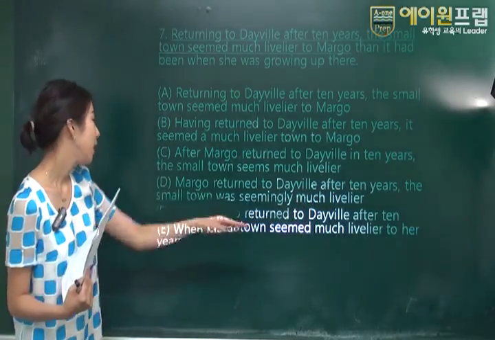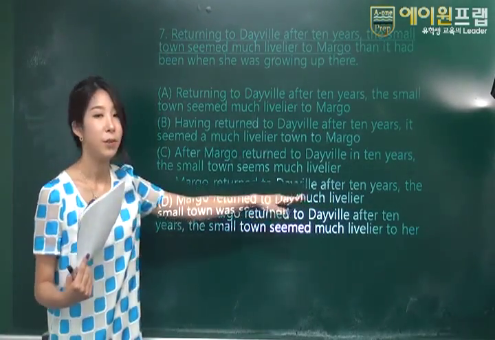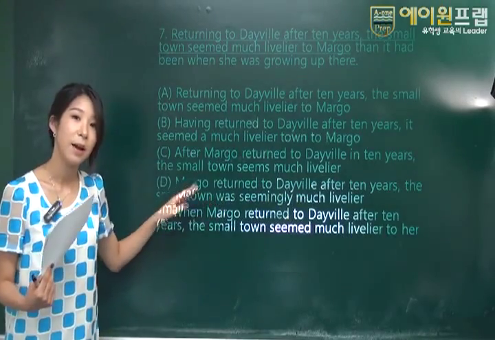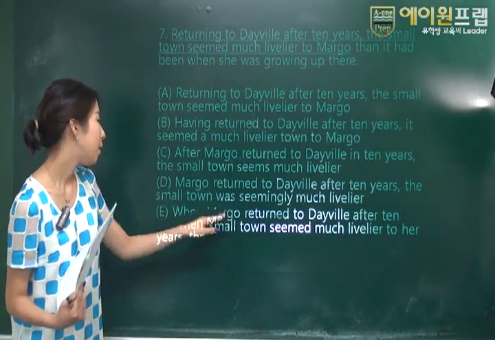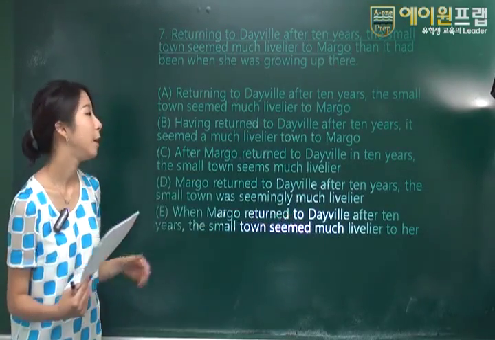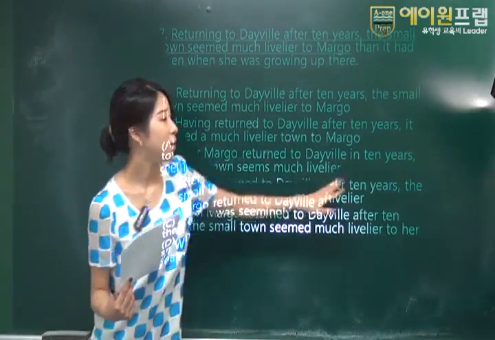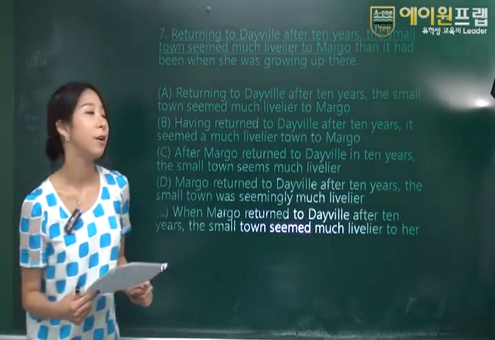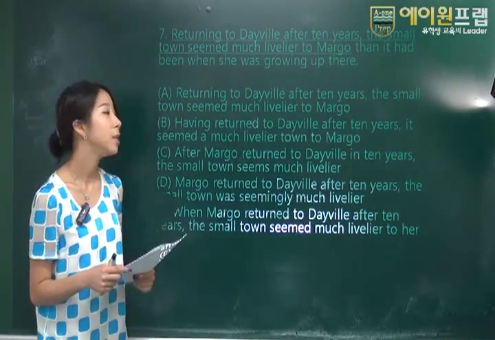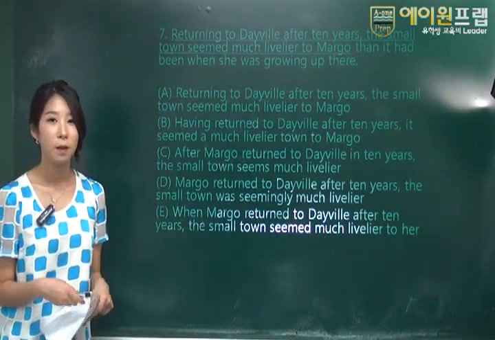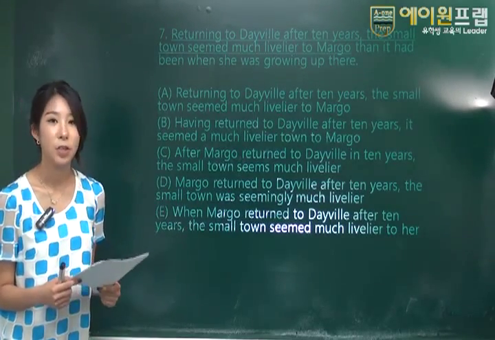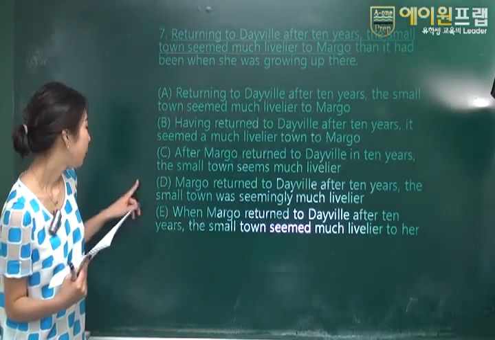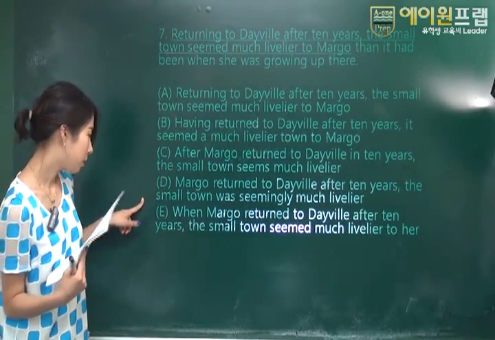That's one sentence. And the small town was seemingly much livelier. That's another sentence. It has its own subject and verb. Margot returned, the town was livelier, right? And it's just connected by a single comma, and it can't be. There should be coordinating conjunctions or other kinds of conjunctions. So D is not right, grammatically incorrect.